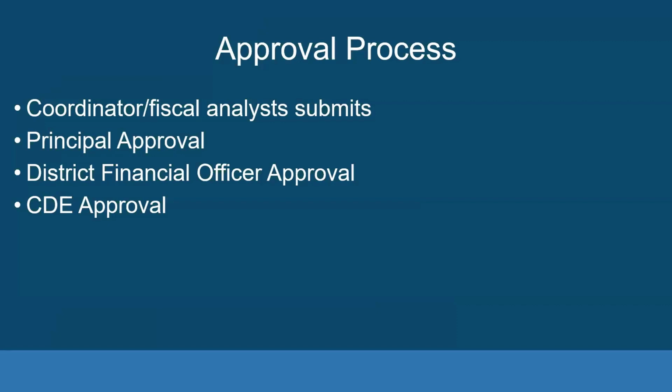Once you've gone through each of the object codes and hit that final save and submit button, it will send an automated email to the principal for them to look it over and approve it. Once the principal approves, the DFO will get an automated email. And once they click approve, then it comes to us.